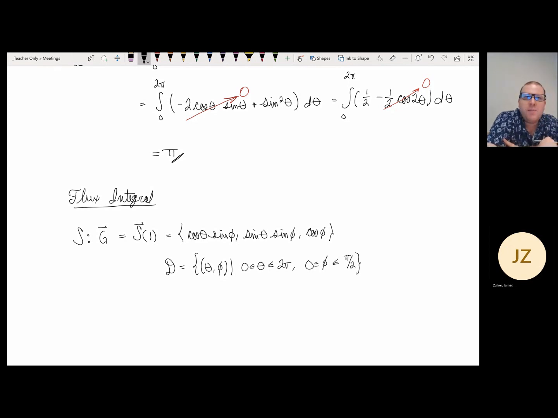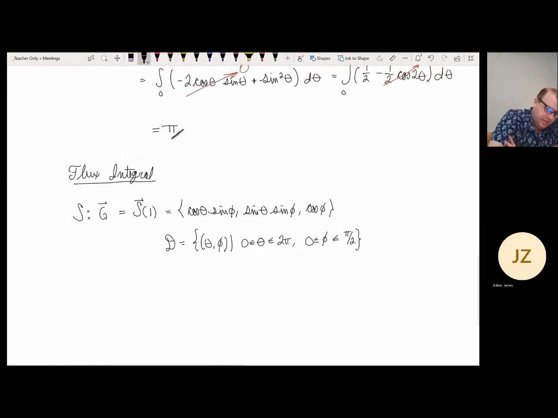Since we're dealing with the upper hemisphere, theta goes 0 to 2 pi, phi goes 0 to pi over 2. This gives us a normal vector of sine phi times S of 1.